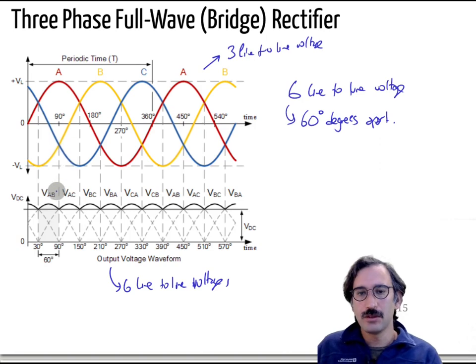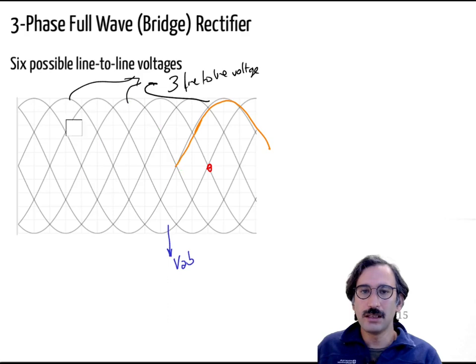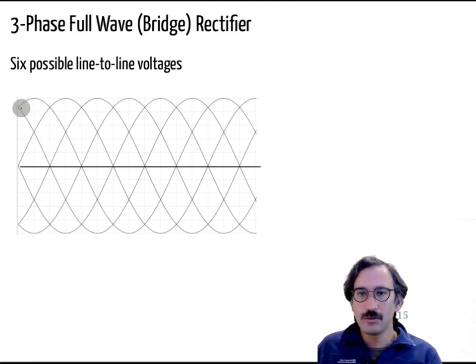So again, if you just look at the conduction, you have that kind of waveform. Let me go back and clean that part a little bit. So the output voltage, you have all these possibilities, right?